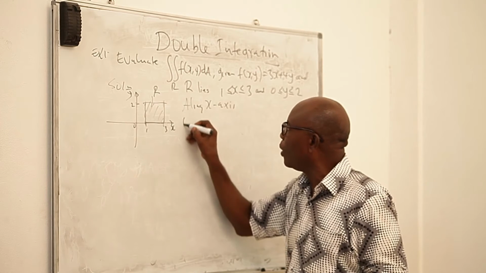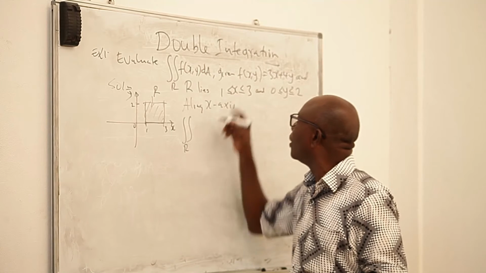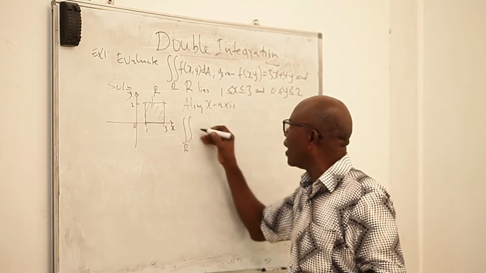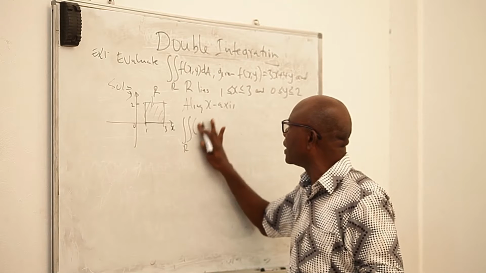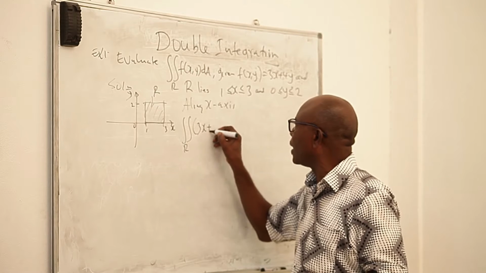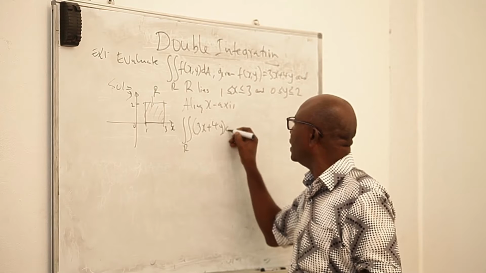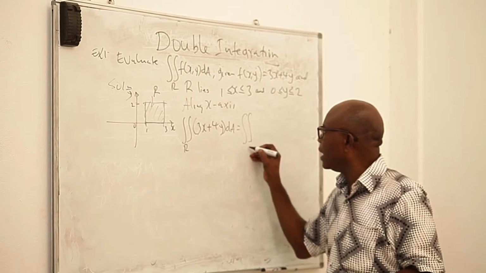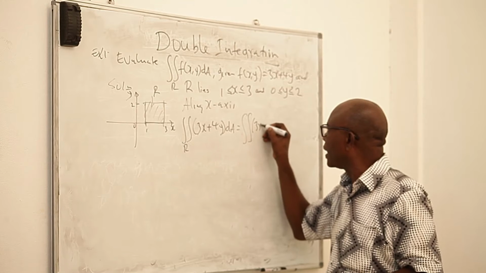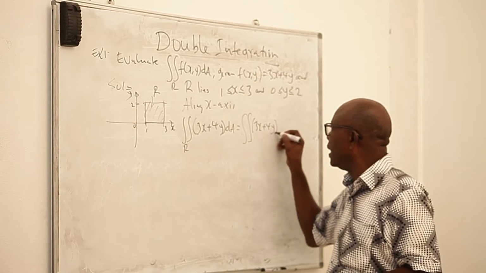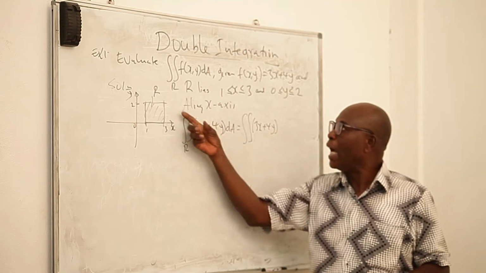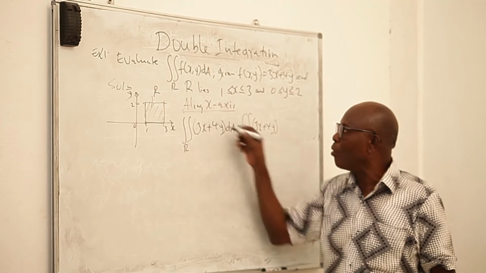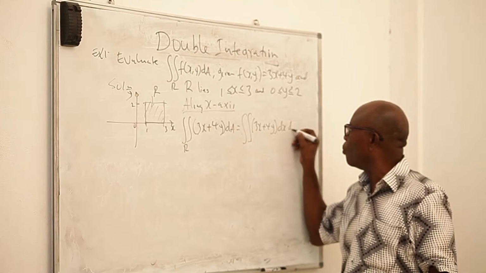So our double integral over R of f of x and y, which is 3x plus 4y dA, we can put into this form, 3x plus 4y. We're working along the x-axis, so dA will be dx dy.